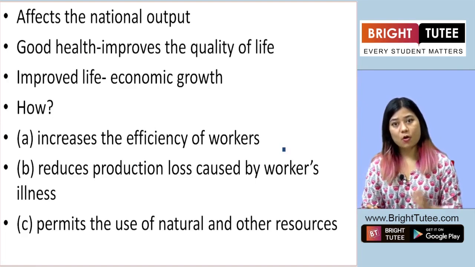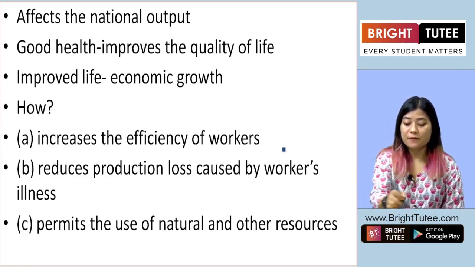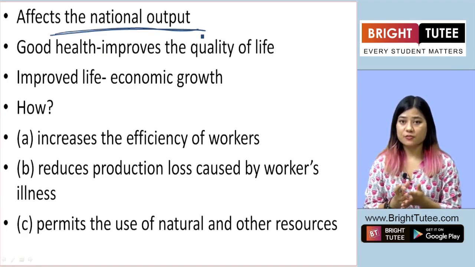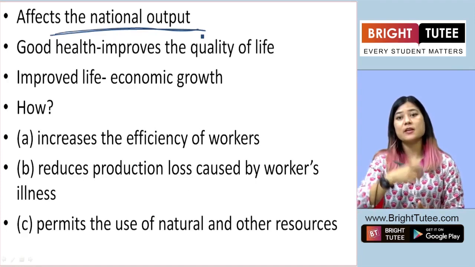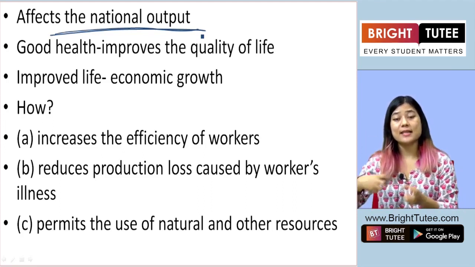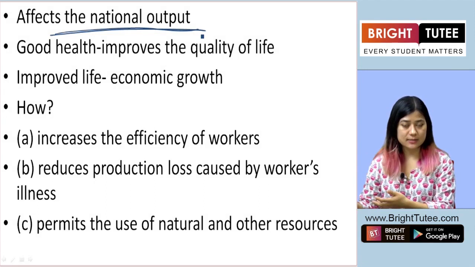Now, the health of the population affects the national output. If the people in a country are healthy, that means they are efficient. If they are efficient, their productivity and the output increase.